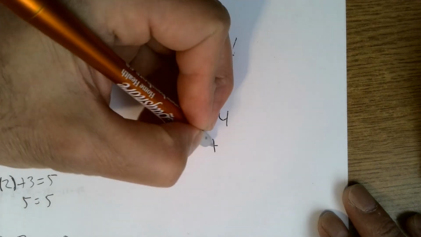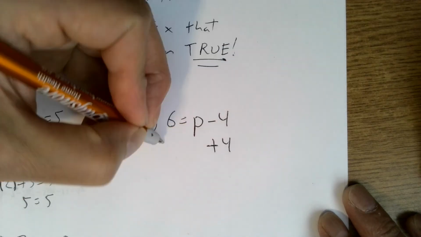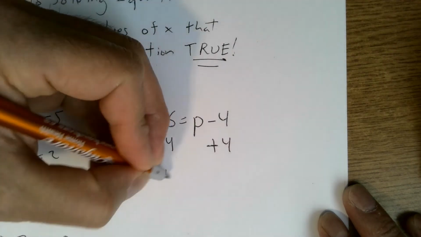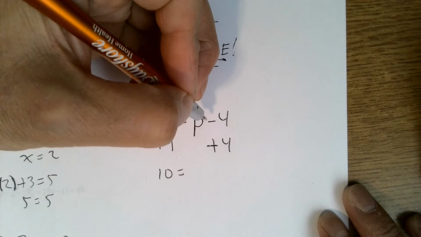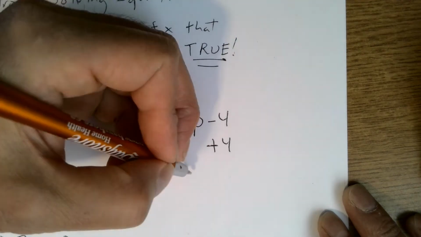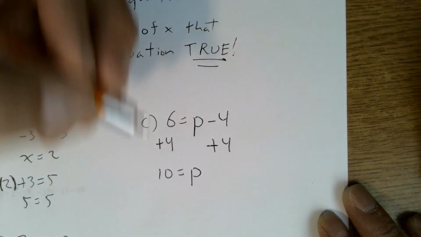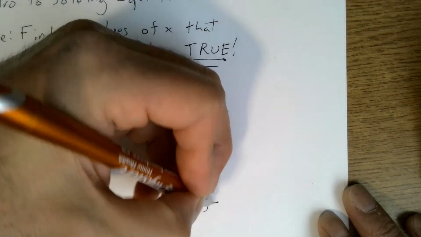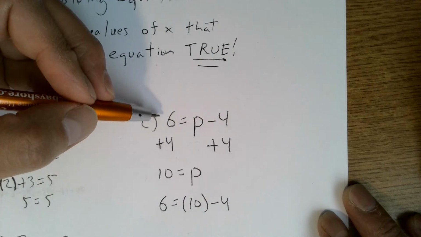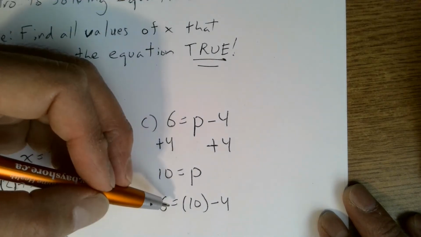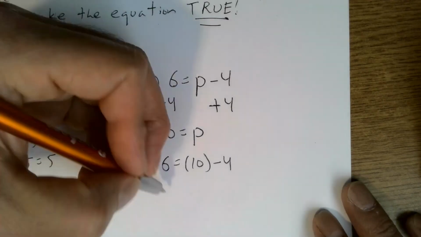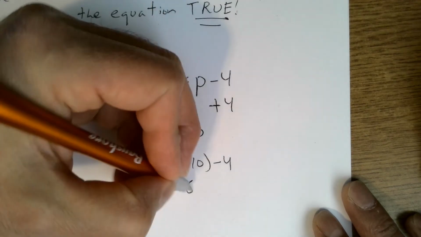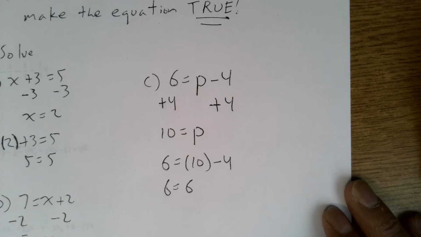So if I add 4 to both sides here, 6 plus 4 is 10. Negative 4 plus 4 is 0, so I have a p on this side. For the check: 6 equals 10 minus 4. Notice I wrote it exactly the same as the original equation, but I replaced the p with a 10. The left side is still 6. The right side is 10 minus 4, which equals 6. 6 equals 6 is true.